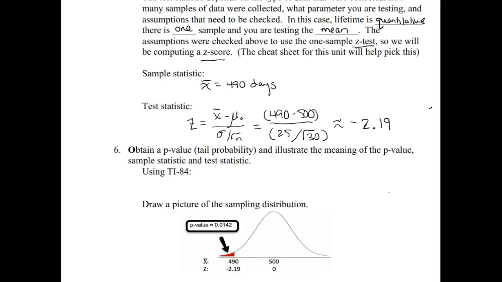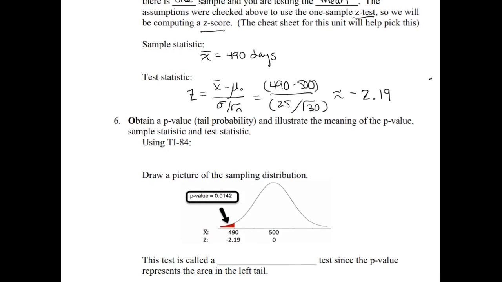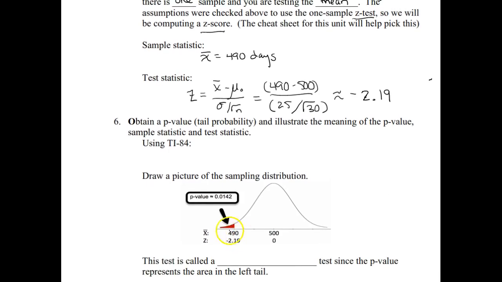Then the O in PHANTOMS is to obtain the p-value, or that tail probability. If we look at the picture that we had earlier, we can see exactly the shaded area that we're computing here. In this case, we computed the probability of getting an x bar less than or equal to 490, given mu is 500.